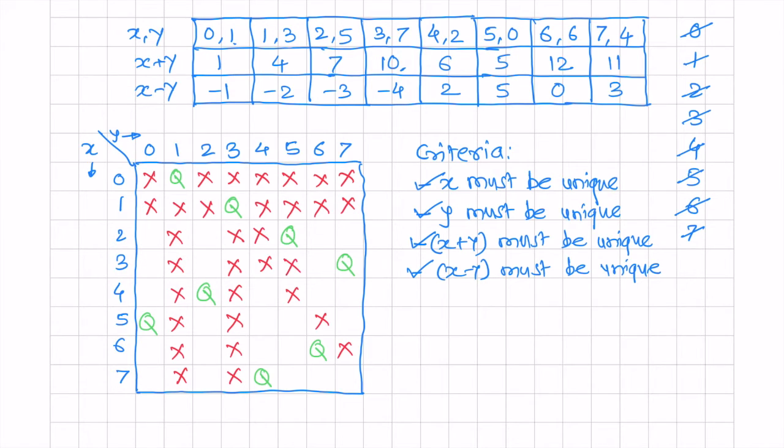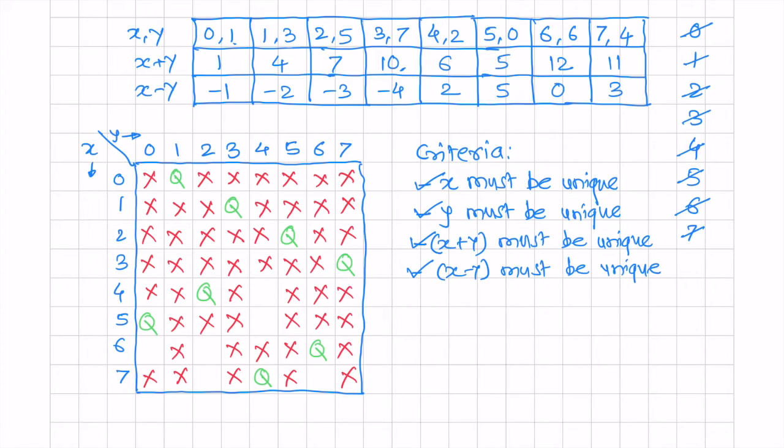The diagonals are safe. The next one, row is safe. Column is safe. The diagonals are also safe. For the fourth one, row is safe. Column is safe. Diagonals are also safe.